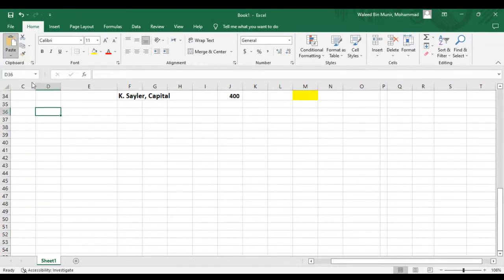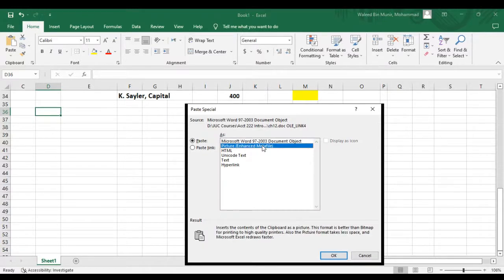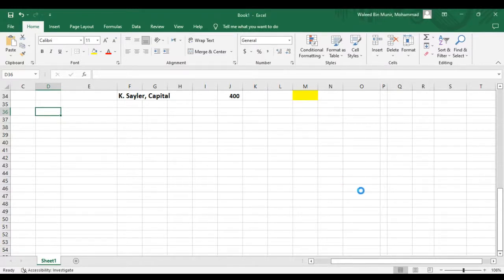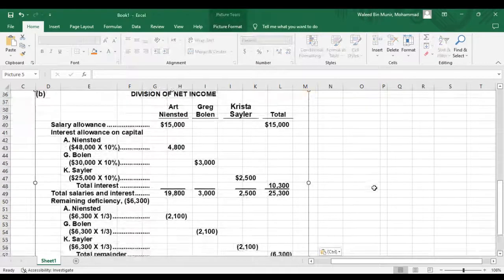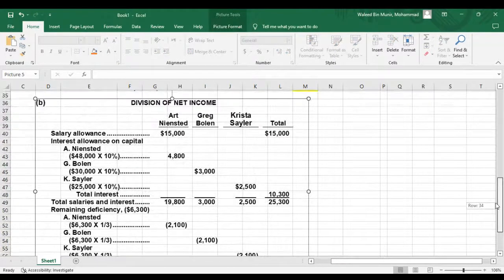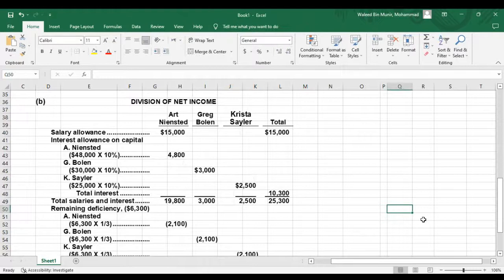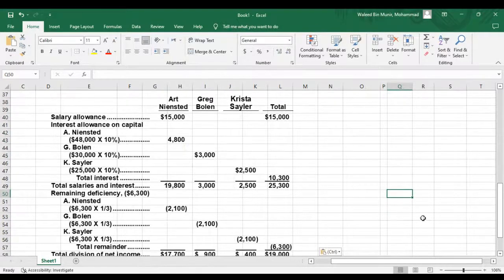Just look at it, like this one. So you have to prepare a schedule. In the slides it's also given, but you should know how to prepare this schedule.